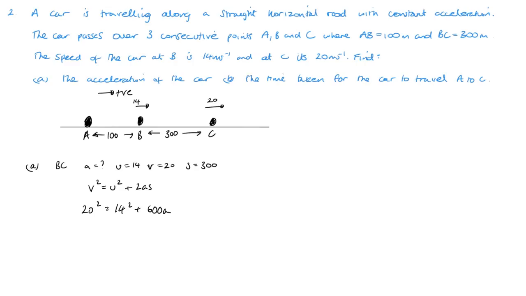So 20 squared is 400 minus 14 squared. So that leaves me with 204 equals 600A. So A is 204 divided by 600, or 0.34 meters per second squared.